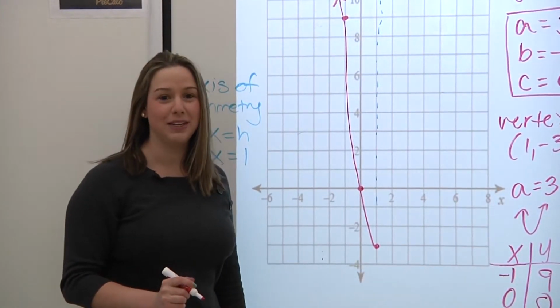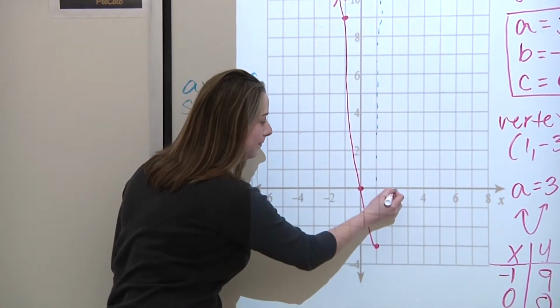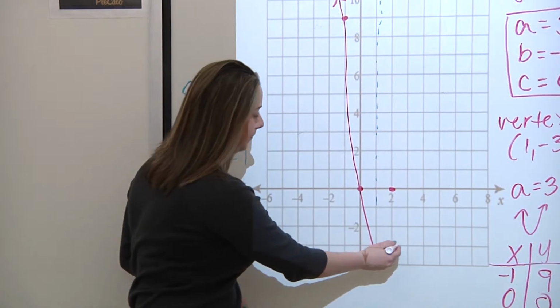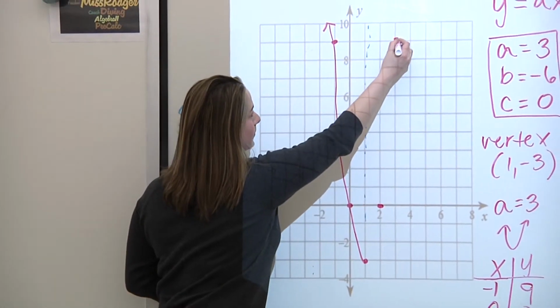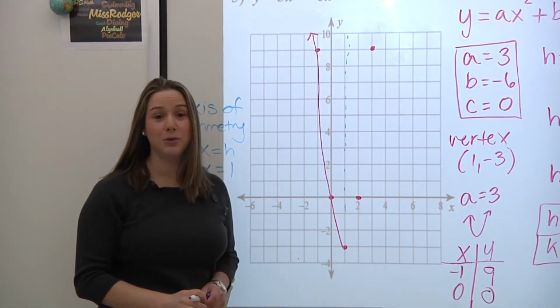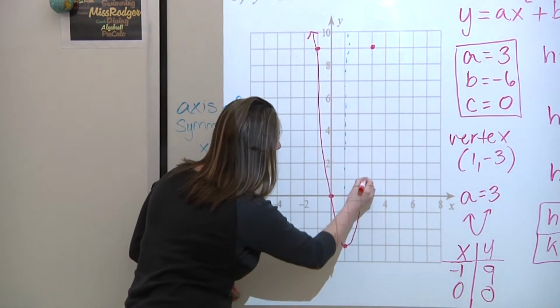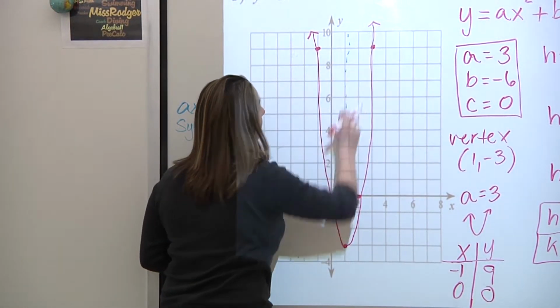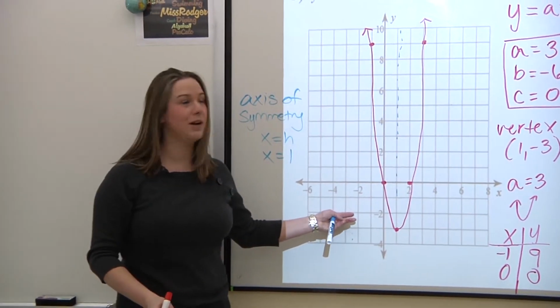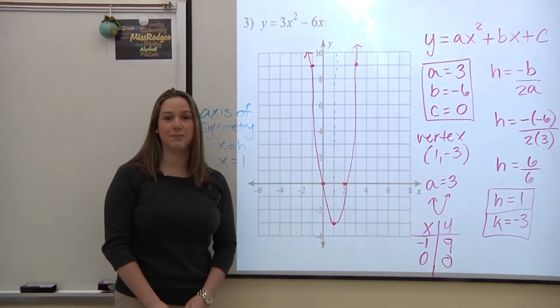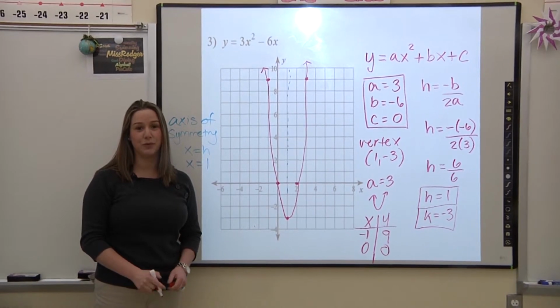Let's reflect our points about the axis of symmetry. We're going to use a smooth curve to connect the dots. This is a parabola for y equals 3x squared minus 6x in standard form.